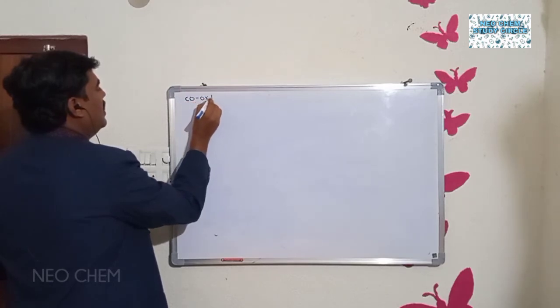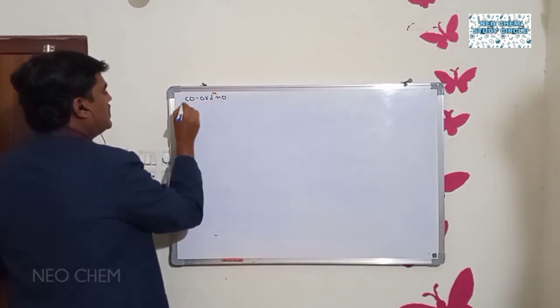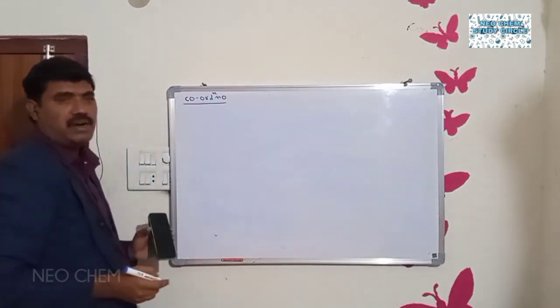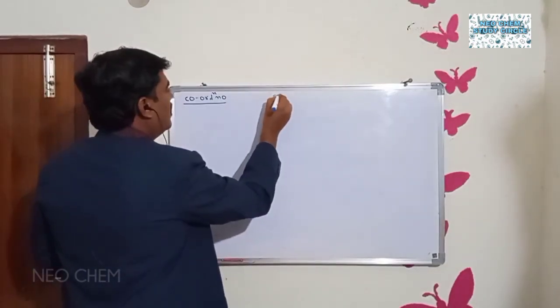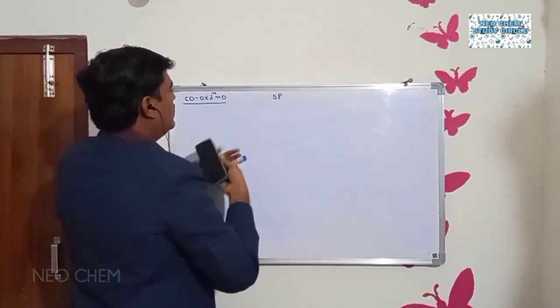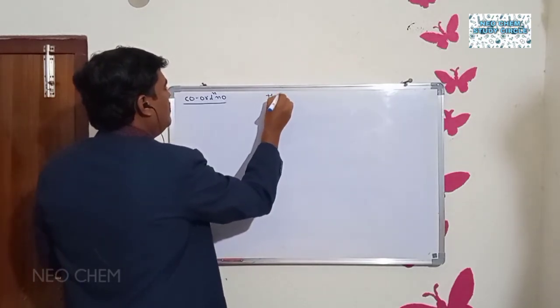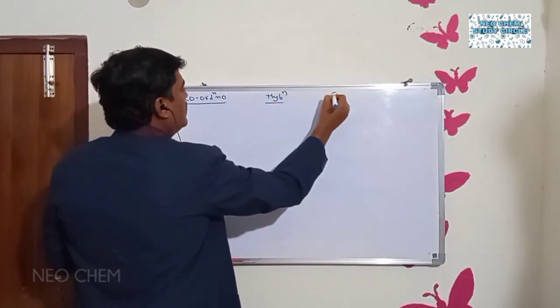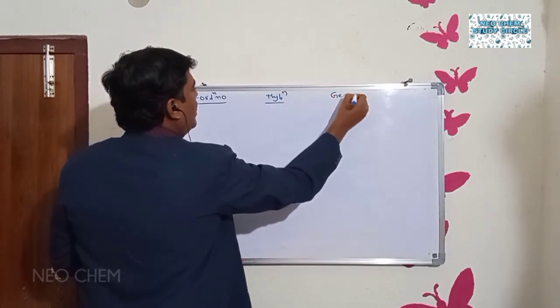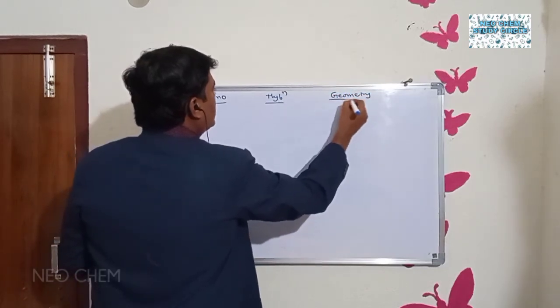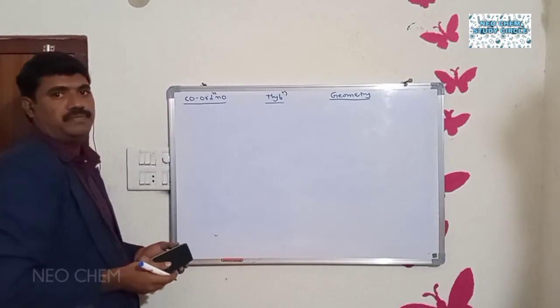In the first column, we have taken coordination number. Next, hybridization in the second column. Next, geometry of the complex compound in the third column.